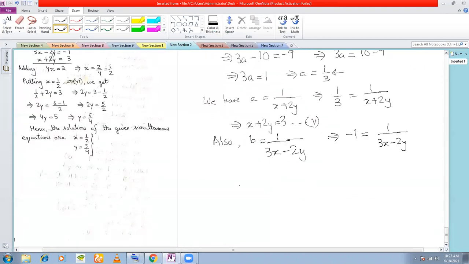So now if you cross multiply, you get minus 1 into 3x minus 2y is equal to 1. That means you get 3x minus 2y must be equal to 1 by minus 1. Whether you write minus in the denominator or numerator is the same thing, minus 1. This is our equation number 6.